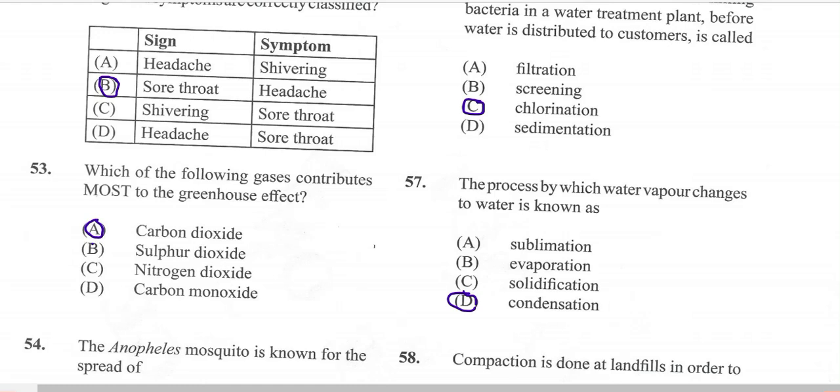Sulfur dioxide, the big thing about sulfur dioxide is that it causes acid rain and irritate the eyes and throat. Carbon monoxide affixes itself readily to oxyhemoglobin. All right, so we move on to question 54. As a reminder that question 53, the answer there is going to be A.